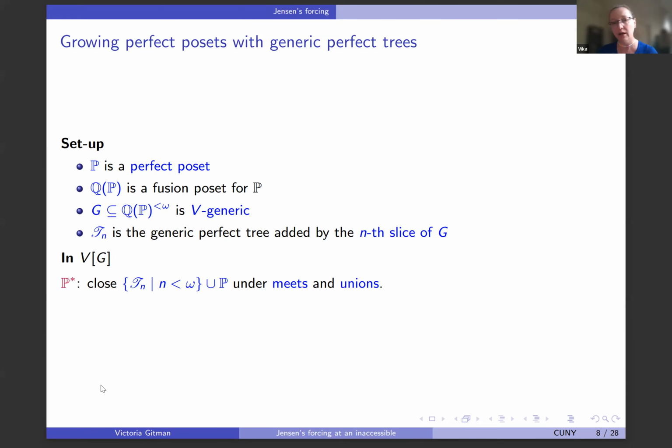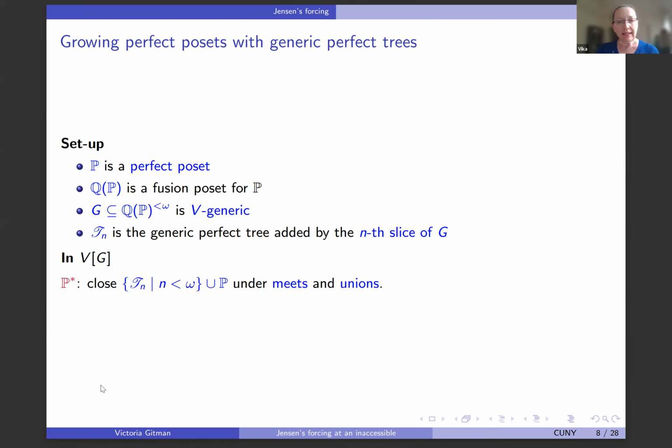By generated, I mean close under meets and under unions. And like I said, in the construction of Jensen's forcing, we will do this over countable models to grow our perfect posets into Jensen's forcing. So that's a hint of what is to come.